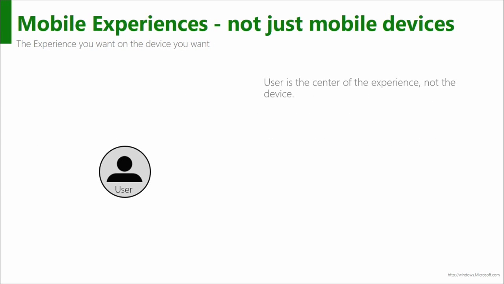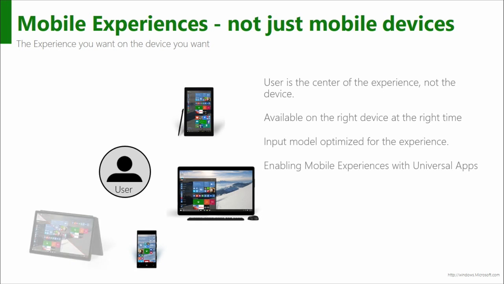So one of the big things that we want to get you thinking about with UWP is not only that we've created this great way of building apps that adapt to different devices, but you want to make sure that you take that experience with people as well. So you make the user the center. Think about the user and how they're going to interact with whatever your app offers.